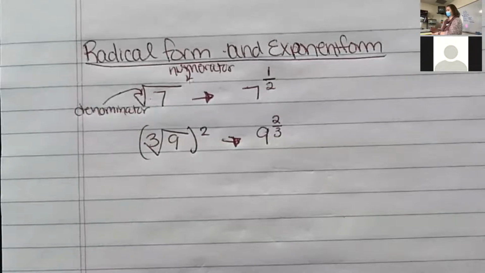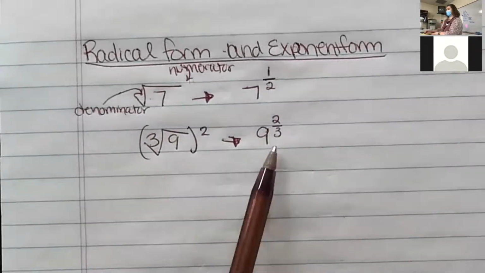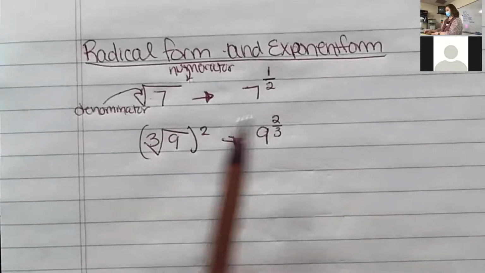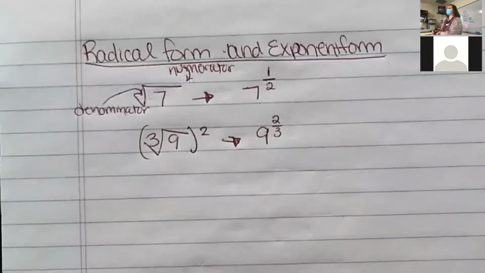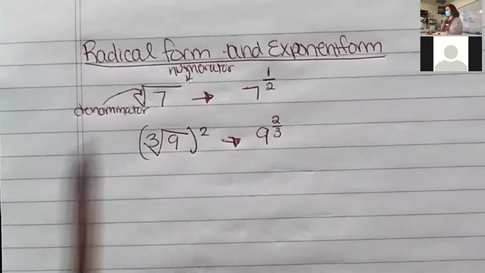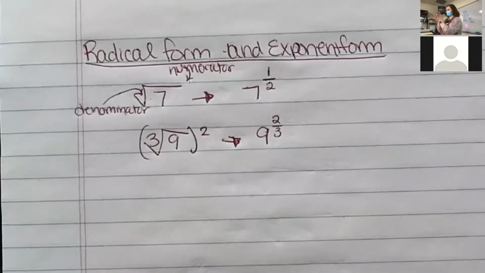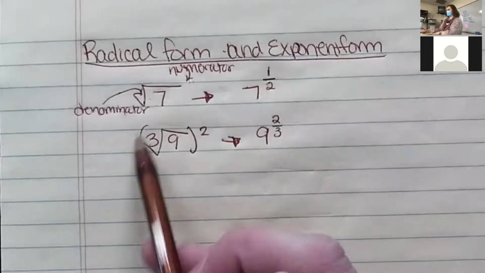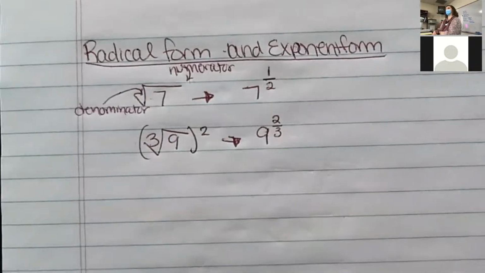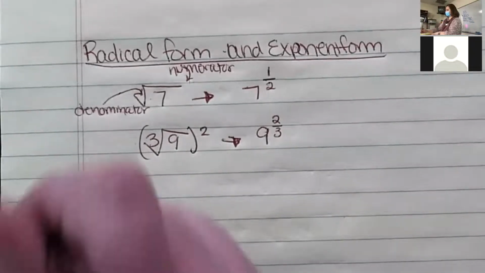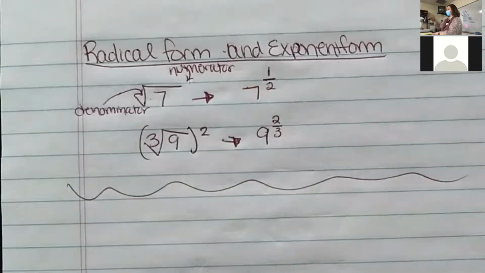Makes sense? 3 is your denominator. Whatever it's raised to becomes your numerator. Yes, question. Is the 3 just like a number outside? Nope, the 3 is the root value. That 3, the little 3 in the root. That's why I was trying to draw it, because the whole thing is getting raised to the 2nd power. Okay. So that's radical form to exponent form.